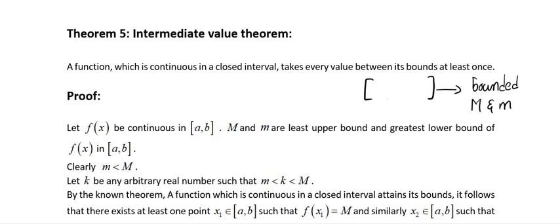We know that supremum is always greater than infimum. That means m is less than capital M, or capital M is greater than small m. Both are true only. If you change the places, less than becomes greater than.